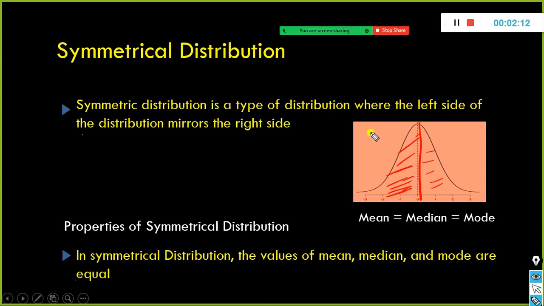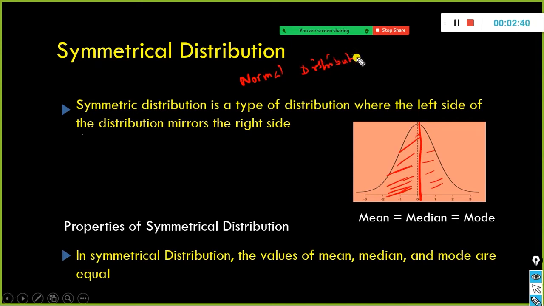If you draw a line exactly in the middle, the 50% of this area is a mirror image of the 50% of data on the right side. This is called your symmetrical distribution, or it is also called a normal distribution.